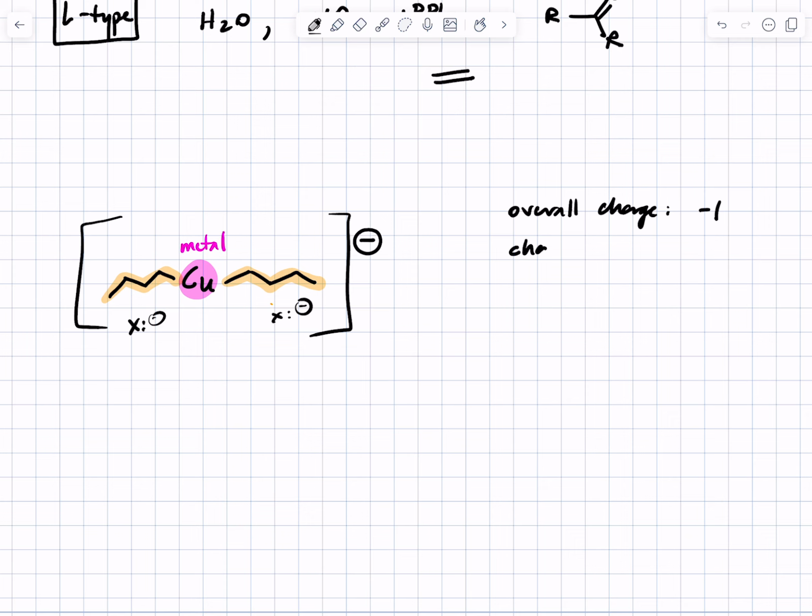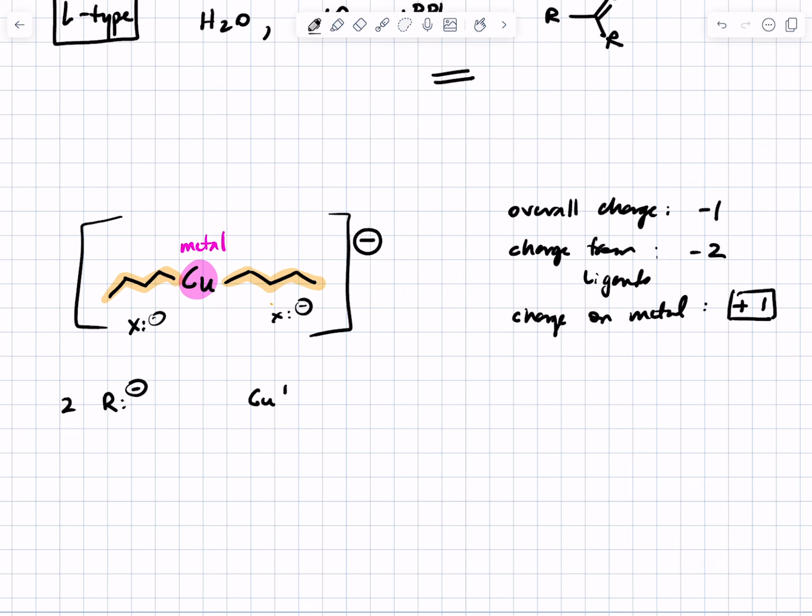What about the overall charge from ligands? So, therefore, the charge on the metal must be what? To balance it all out, it has to be +1. So that tells me that this complex involves two of these X-type ligands, and it involves copper, and the copper should be in the +1 state.